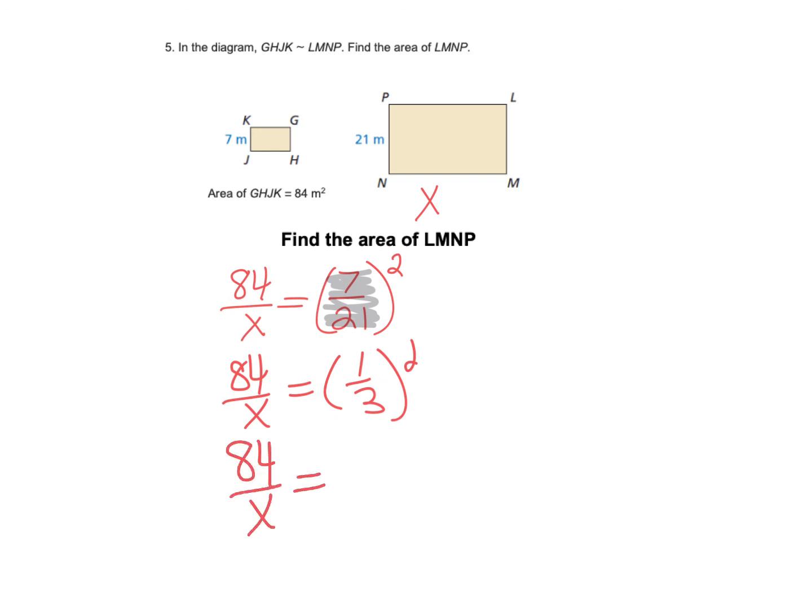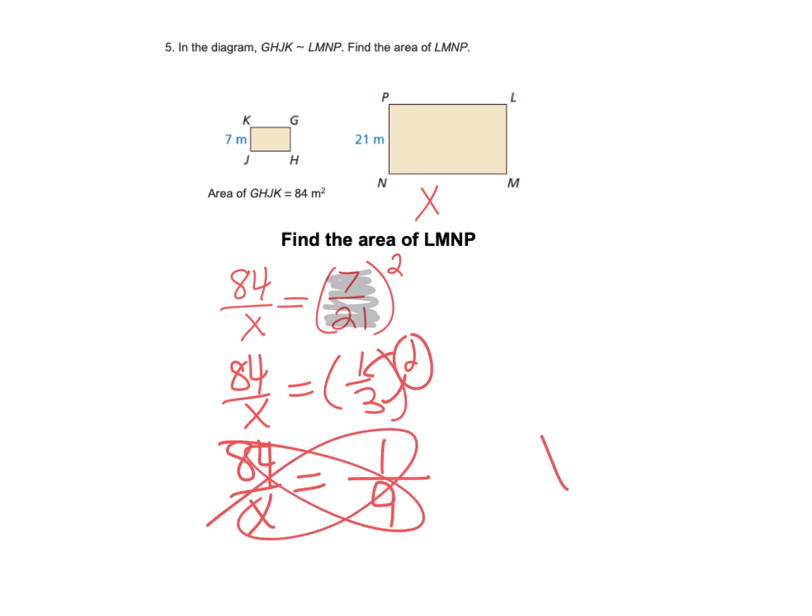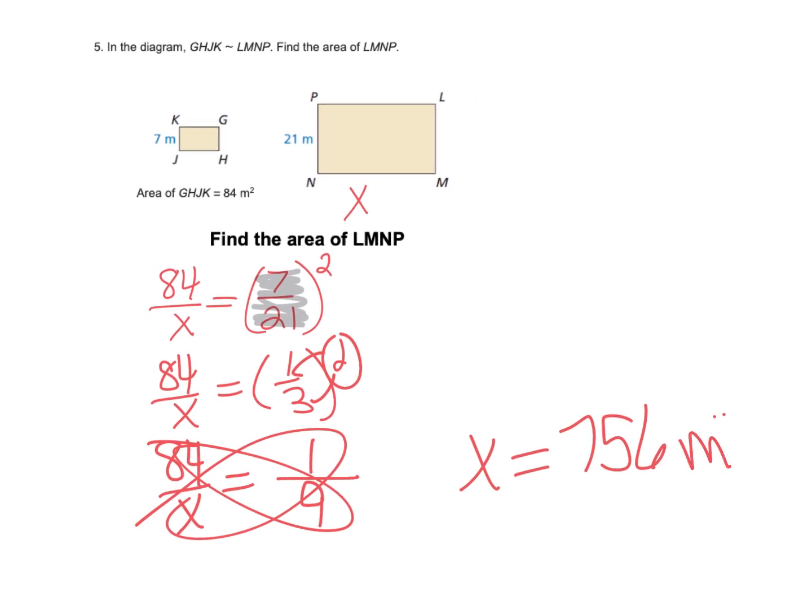And if you remember from exponent rules from Algebra 1, this squared has to be distributed to everything inside of the parentheses. So my numerator is going to be 1 squared, which is just 1. My denominator is going to be 3 squared, which is 9. Okay, so our cross product here, we're going to get x equals, if we take 84 times 9, we get 756 meters squared.